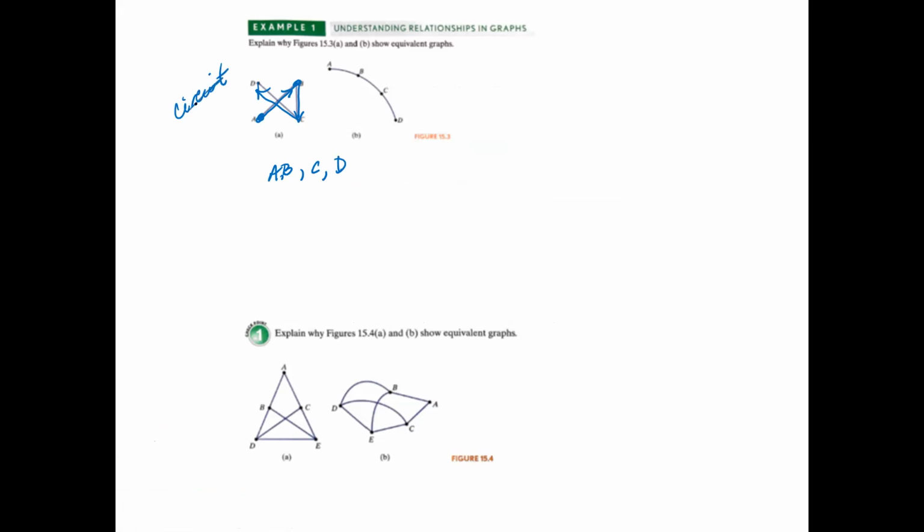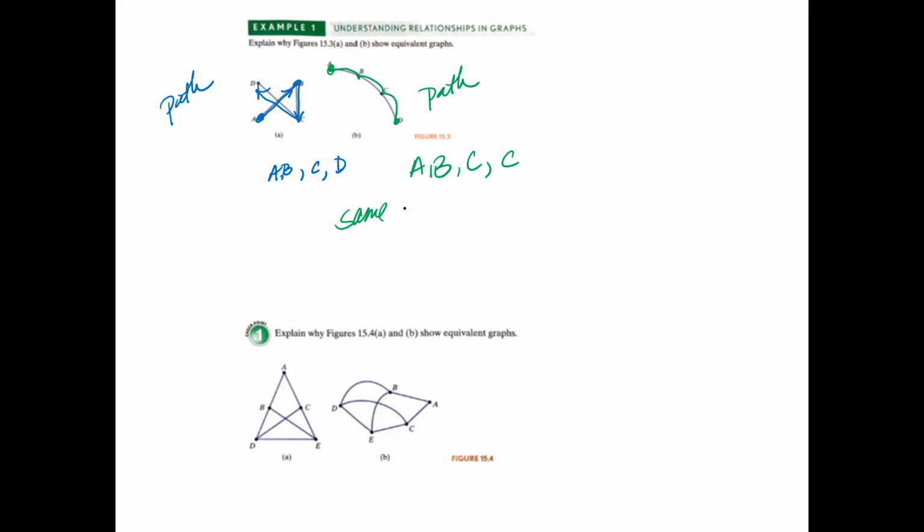I'm sorry, a path, because it's not starting and ending at the same point, but you're also not repeating any of the edges. Now with this one, it is the same equivalent graph because starting at A, from A to B, from B to C, and then C to D. This is also a path.